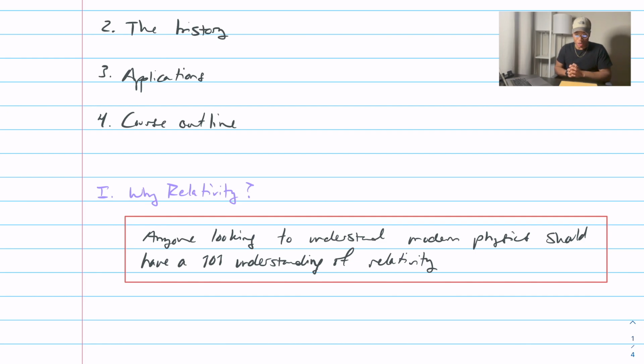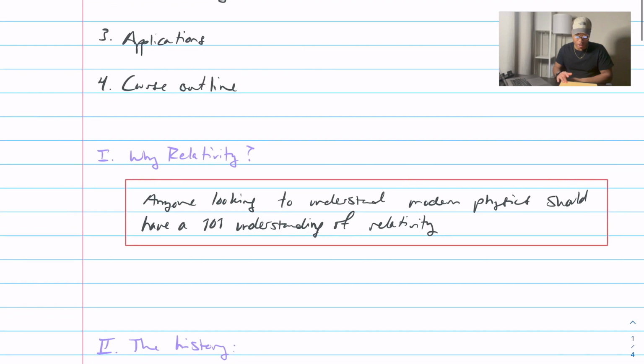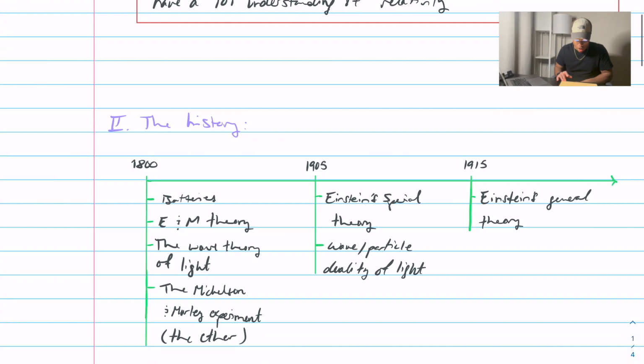That's a pretty soft motivation, but there are multiple applications that I'll walk through later on. This is a general thing to understand if you want to get into physics, especially in grad school.